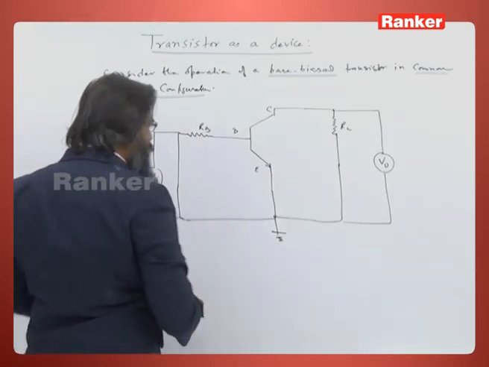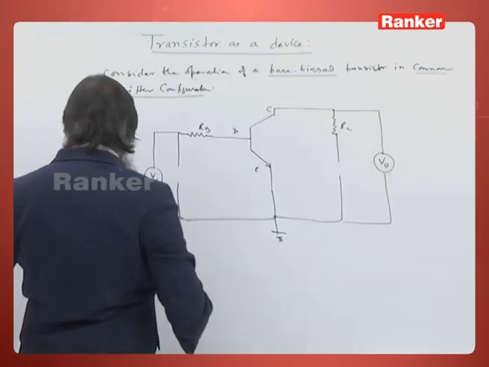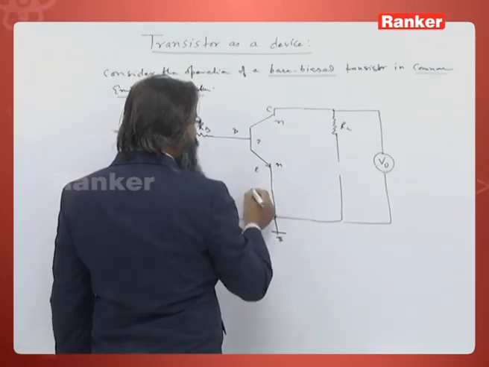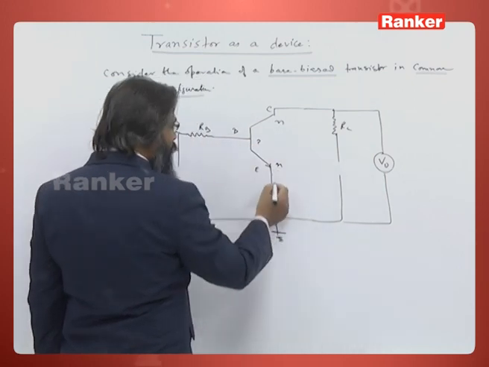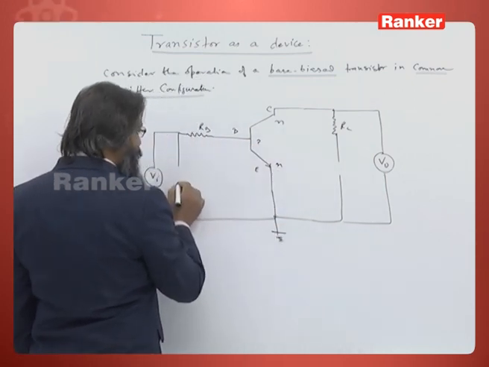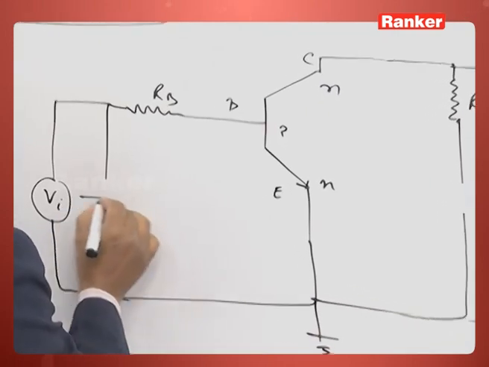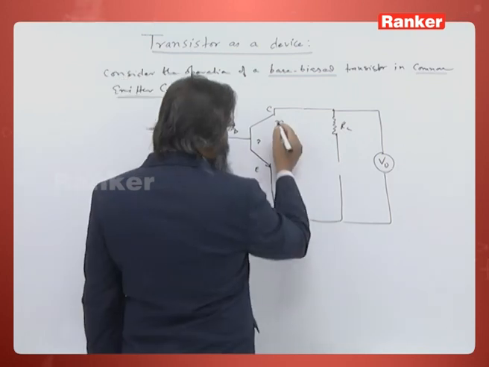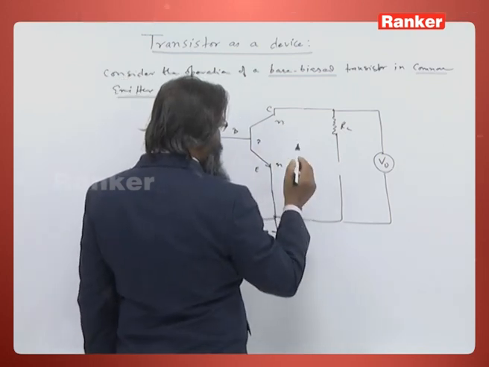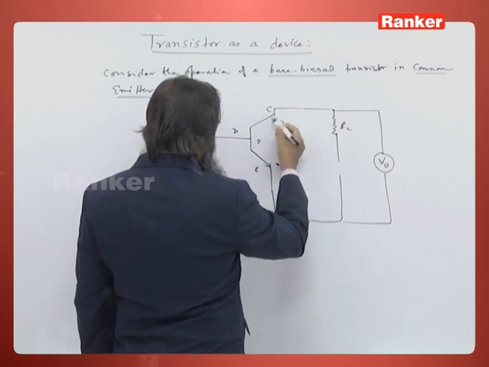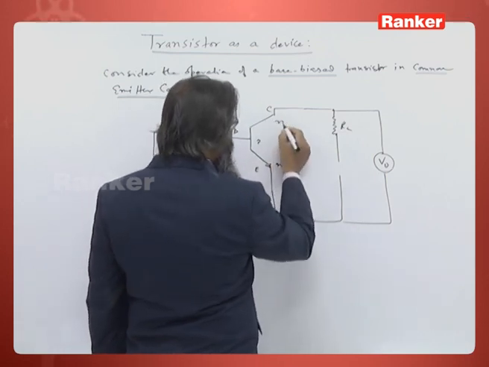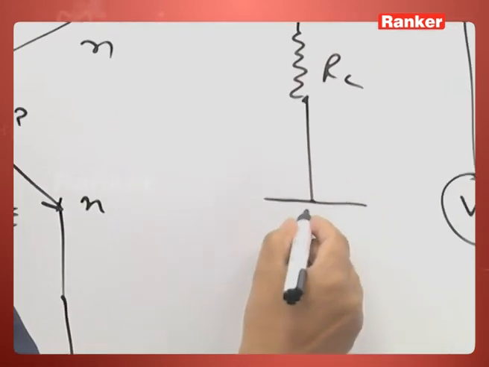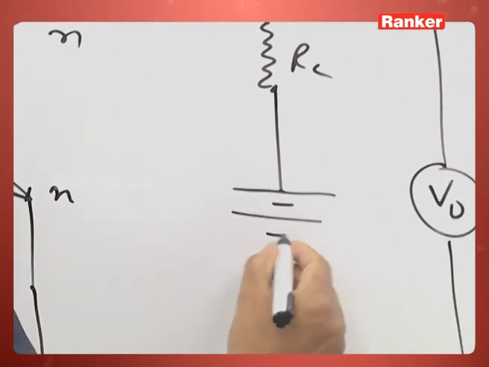Now let us bias it at these two places. This is an NPN type transistor. This junction should be forward biased, so N should be connected to the negative terminal, and the base connected to the positive terminal. Here this junction should be reverse biased, so this N should be connected to the positive terminal, and the biasing here should be more.